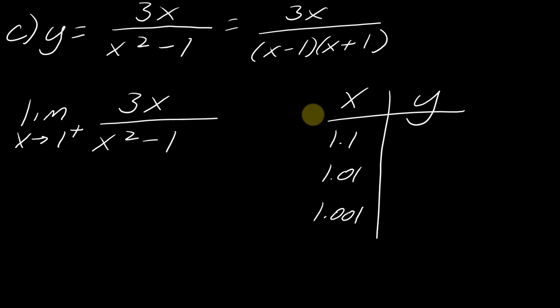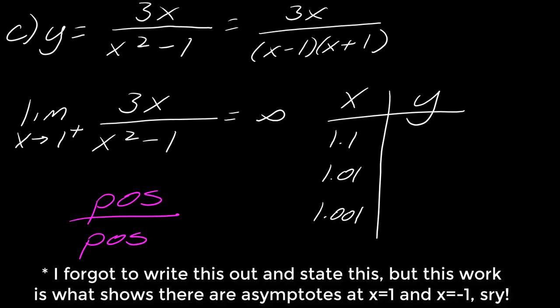If I plug all of these values in, the top will stay positive. And then what about the bottom? These are all just a little bit above 1, and then I'm squaring them. So this will also stay positive. I can tell just by looking at this that this is going to go to positive infinity, but you can always fill in a table just to be complete.